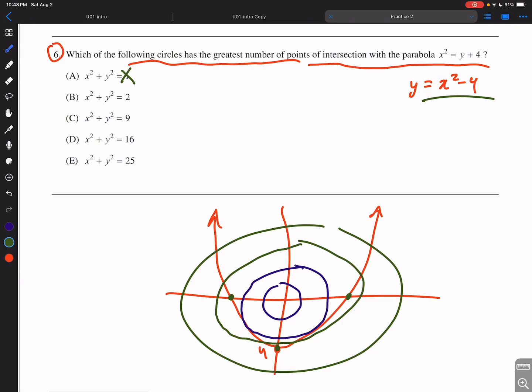Let's write down that we're going to be talking about x squared plus y squared, but because we want points of intersection with this line, we could substitute y and talk about x squared plus x squared minus 4 squared.